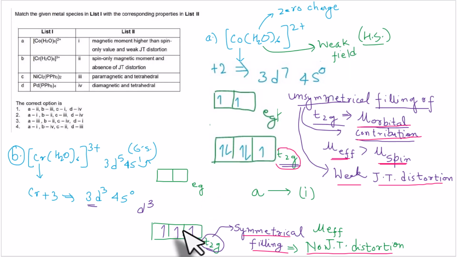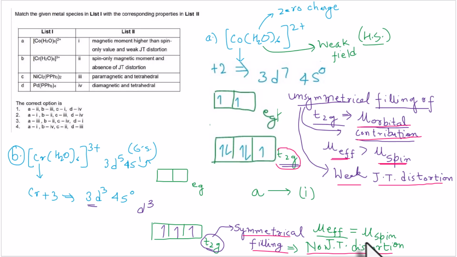But here the t2g orbital is symmetrically filled, and that is why the effective magnetic moment will also be the spin only magnetic moment. So mu effective is equal to mu spin. No change in the total magnetic moment.